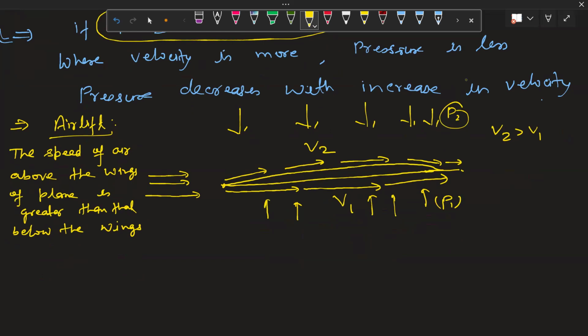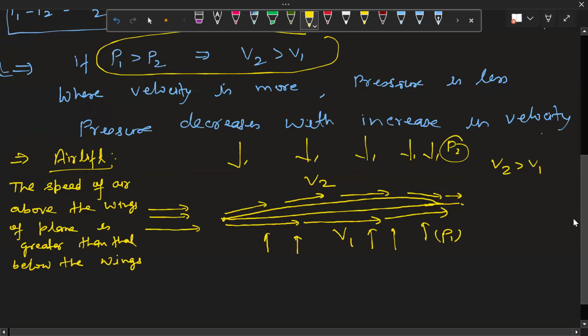P2 will be greater. Why? Basically, the shape of the wing on the top is different, the distance to cover is more, so the pressure technically will be more only on the P2.